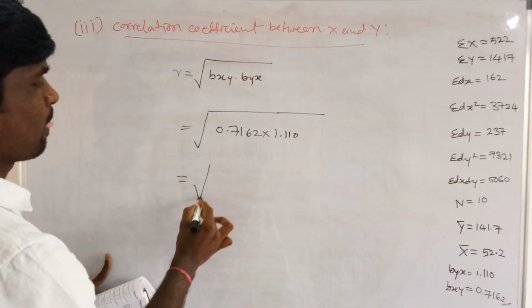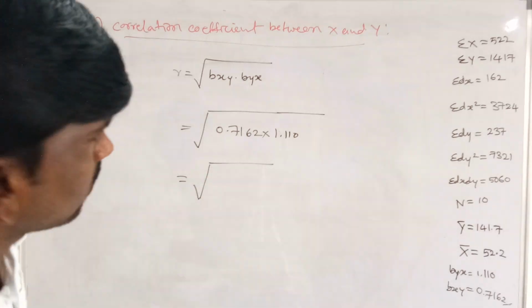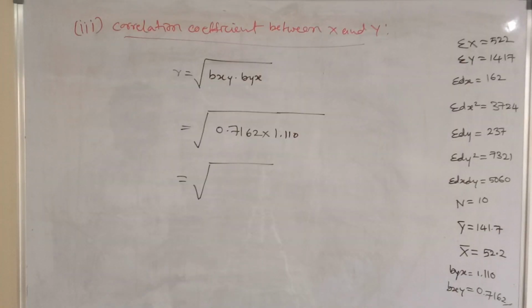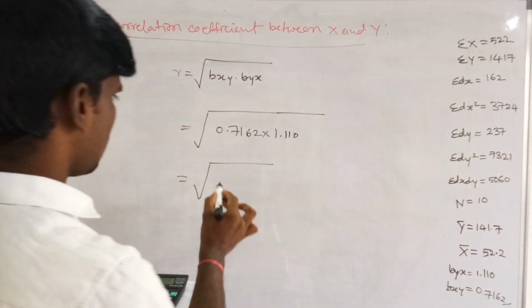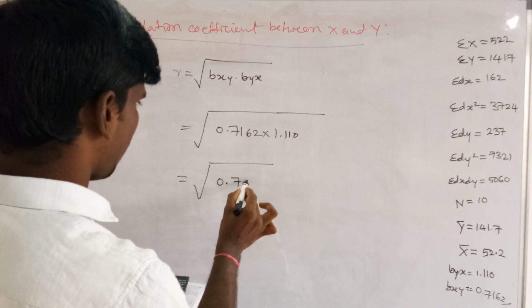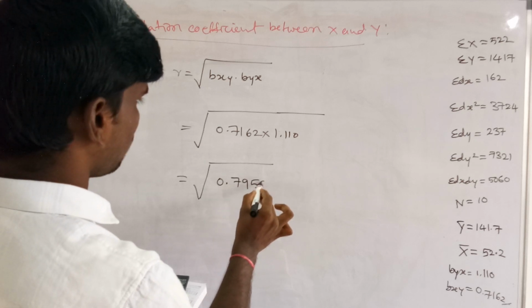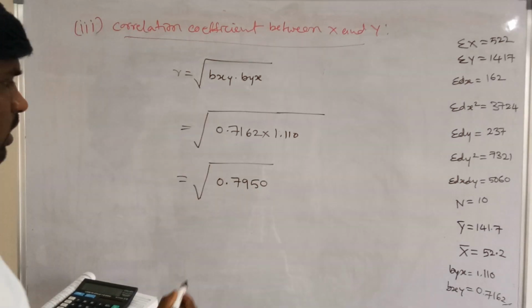That is under root of 0.7162 into 1.110, that is 0.7950.